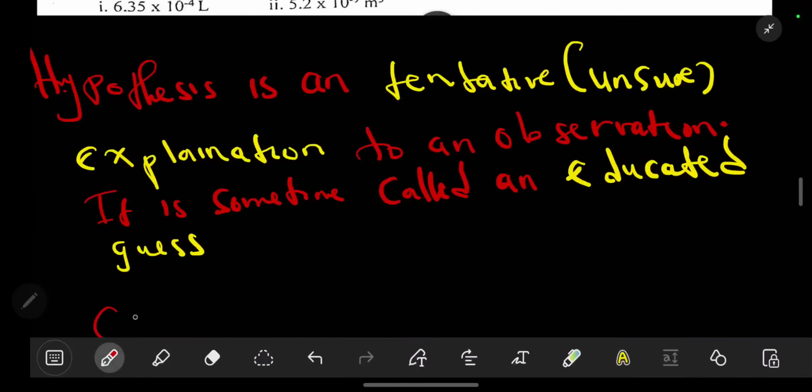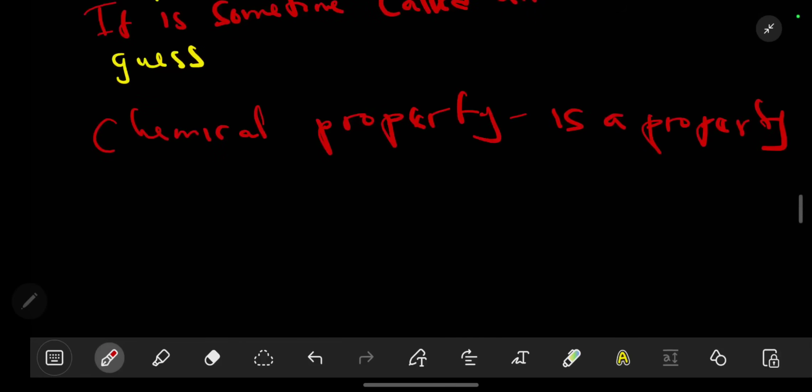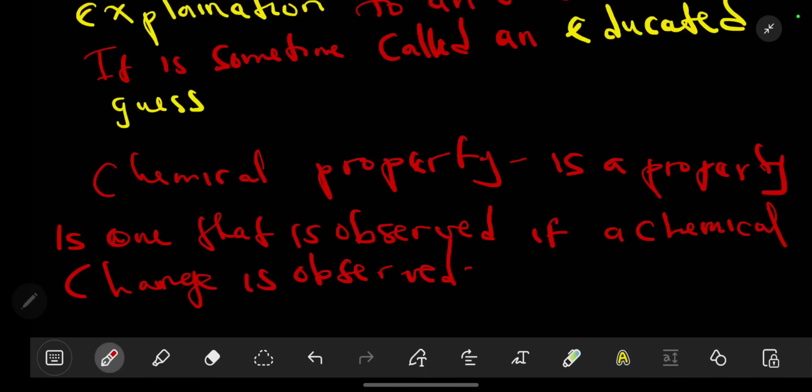Let's look at chemical property. A chemical property is a property that is observed when a chemical change is observed.